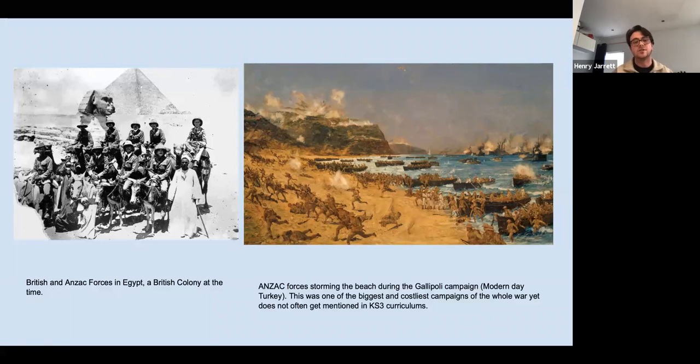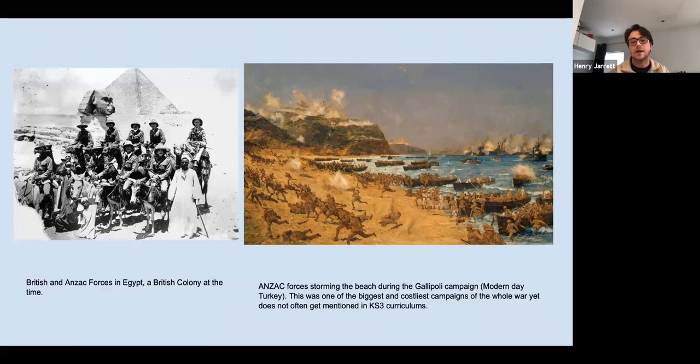If you look at both of these photos and compare them in your head to standard photos of World War I, where you might see trenches, bombs, gas attacks, it's quite a strong juxtaposition to what we would normally expect to see when we think of the First World War.